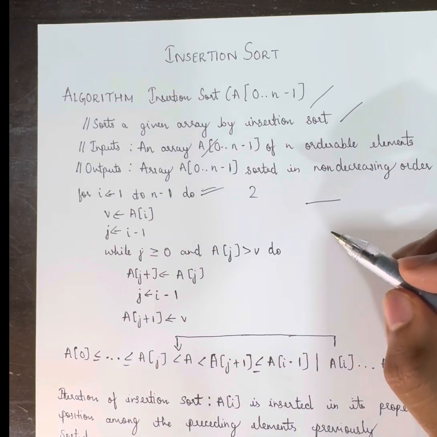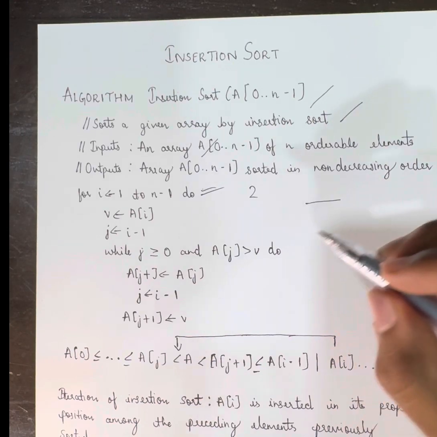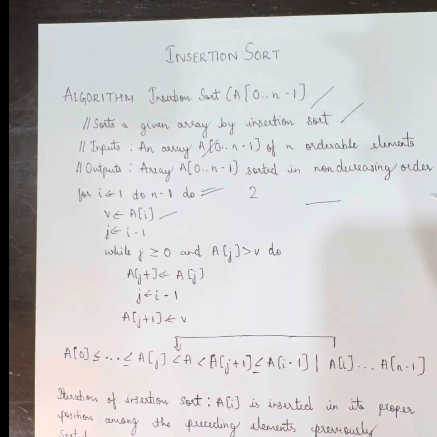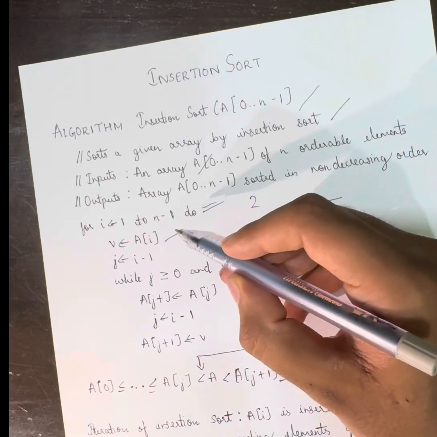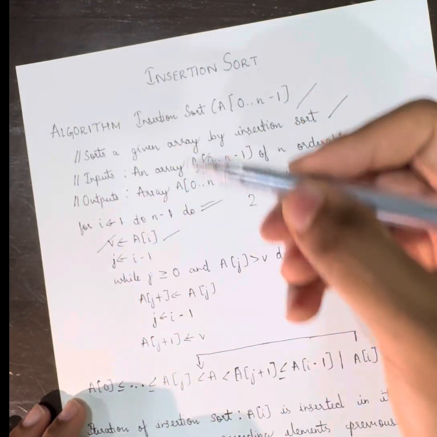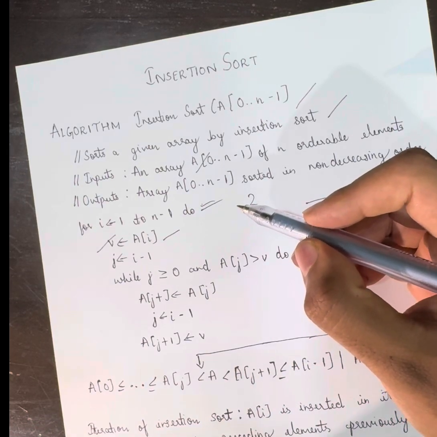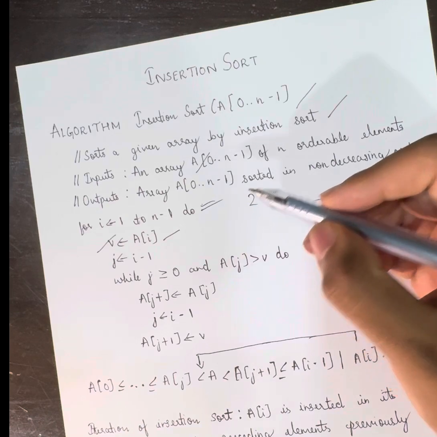The reason we start from 1 is that a single element array is trivially sorted. Now v equals A of i: we store the current element into the temporary variable v. This is the element we are going to insert into the current position in the sorted part of the array.